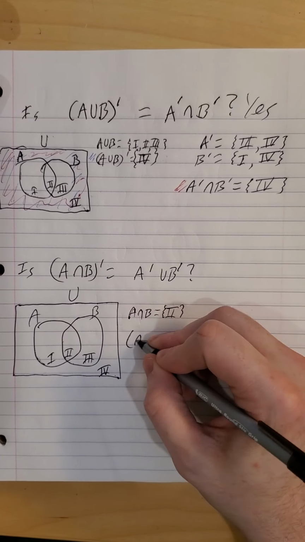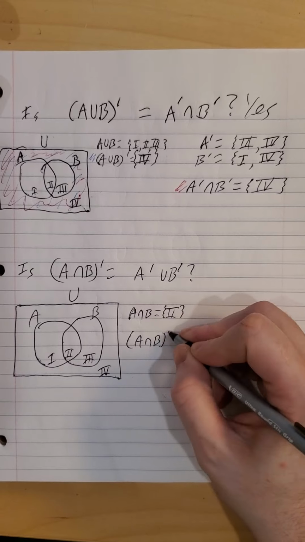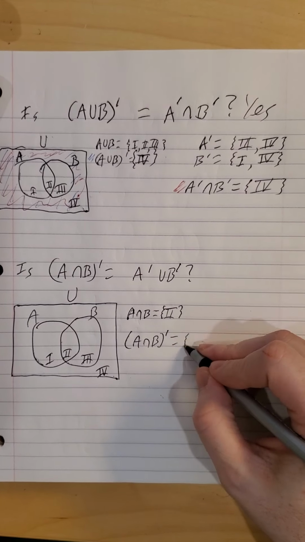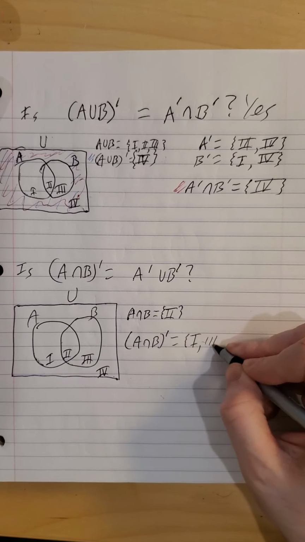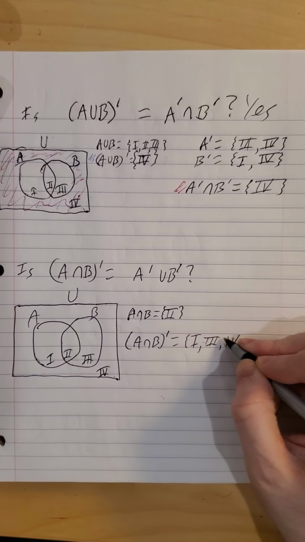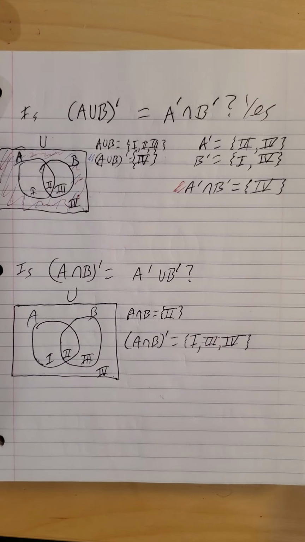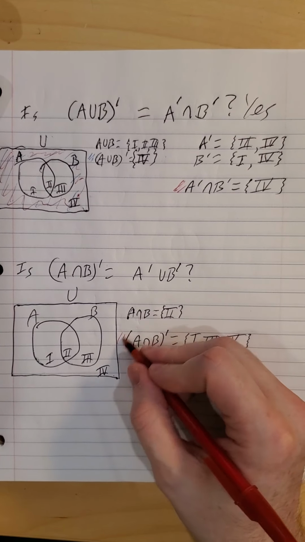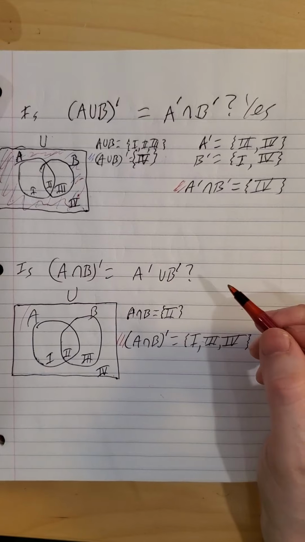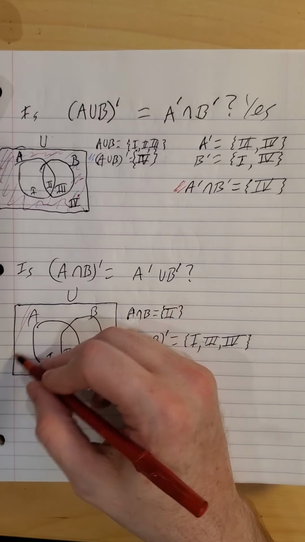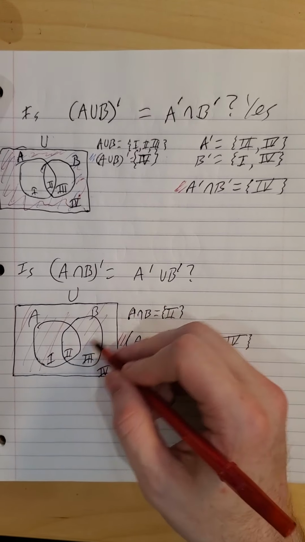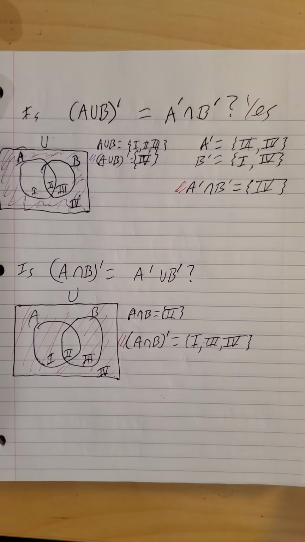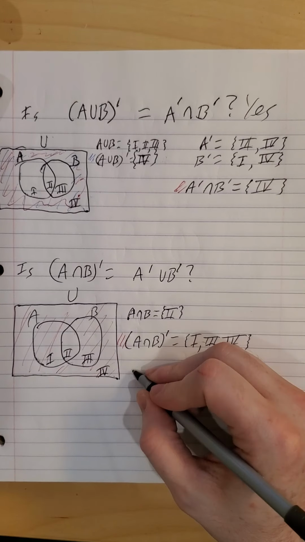So the complement of A intersection B is everything but region 2, so that would be region 1, region 3, and region 4. Do that one in red, so 1, 3, and 4. So everything but the little middle football there.